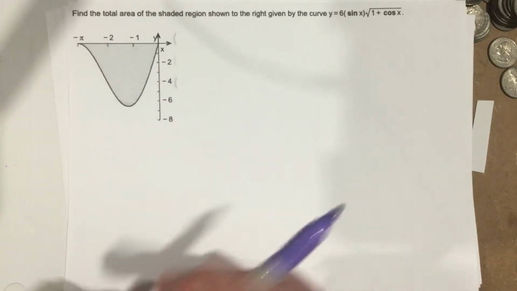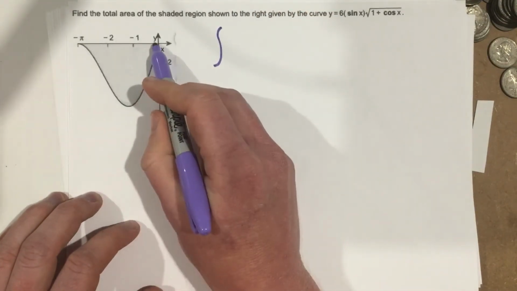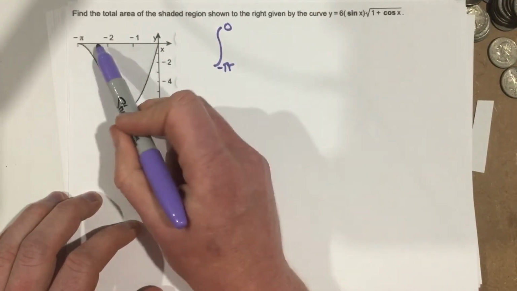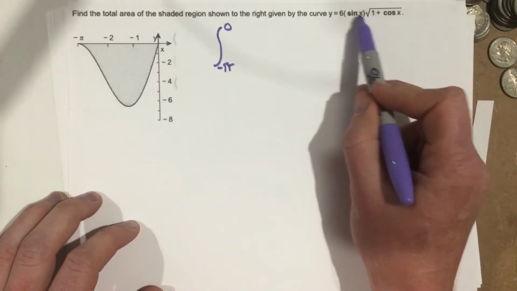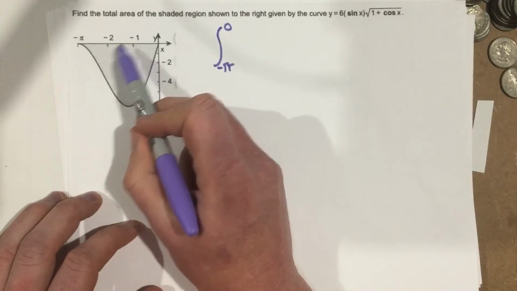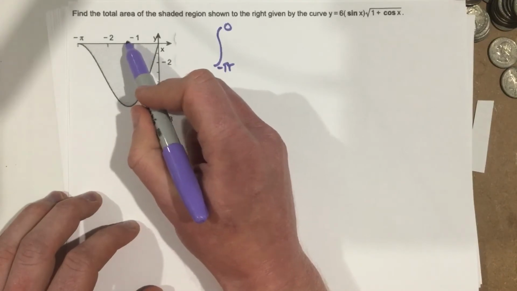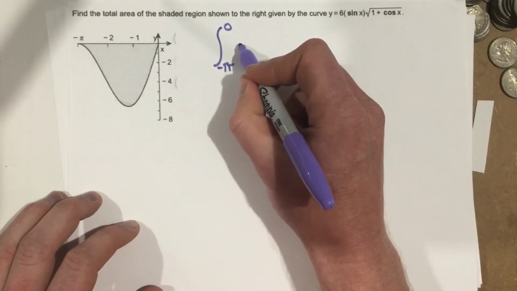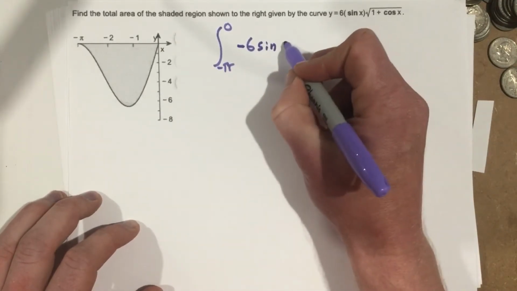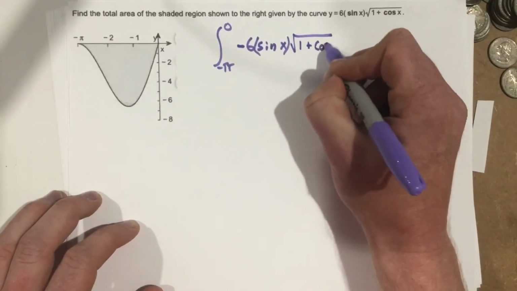So let's go ahead and write this out. We're going to do the integral from negative pi to 0. And typically we would say this function minus this function, but really because we're dealing with just the x-axis, we can say 0 minus this function, and it would be negative 6 sine x root 1 plus cosine x.